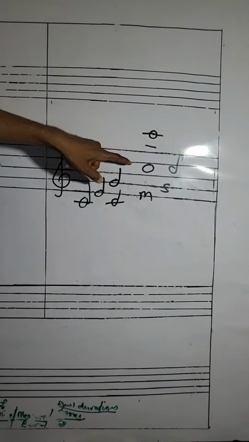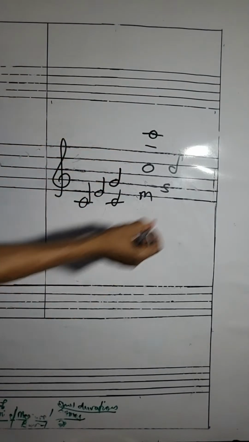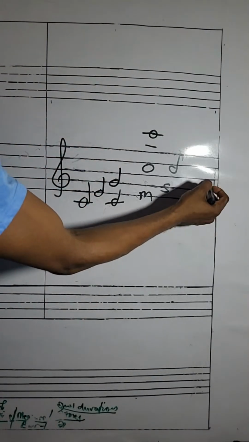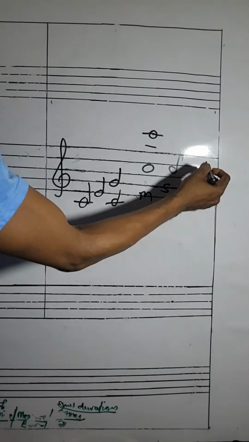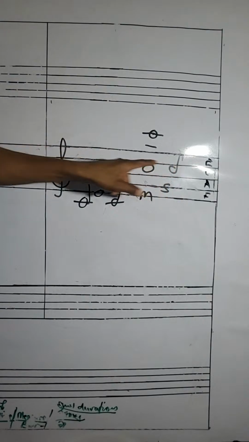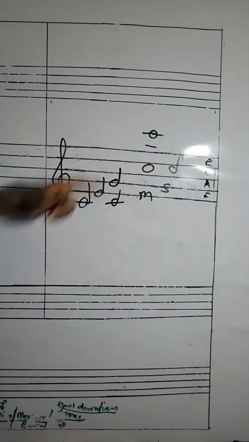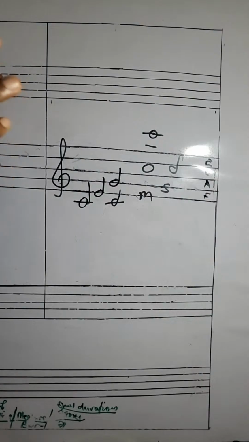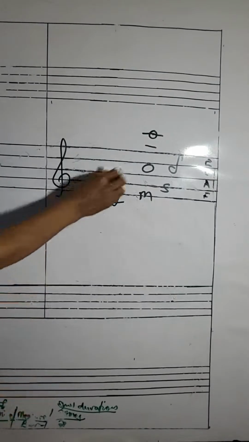Then we already established, because we know that this is F, A, C, and E, that we have another C in the third space of the treble staff. Very, very simple. So you can be given things like this.